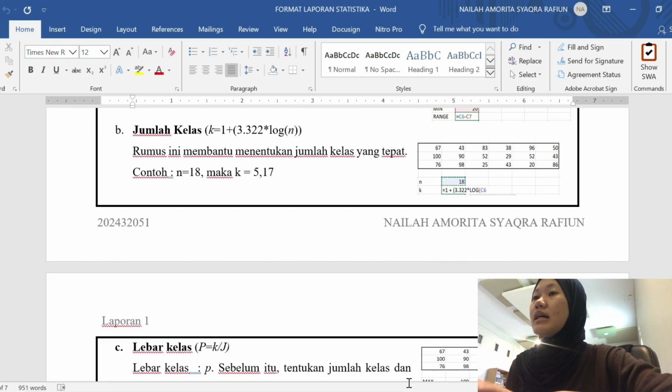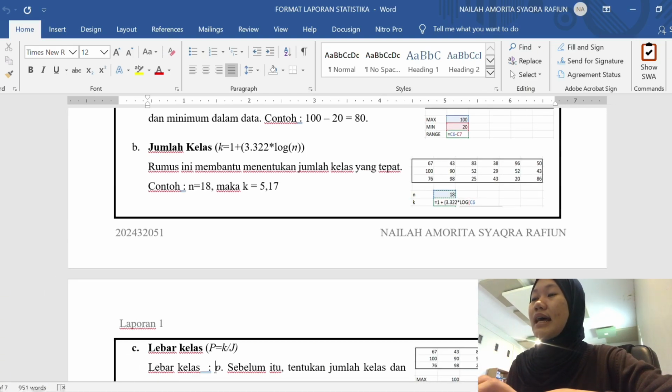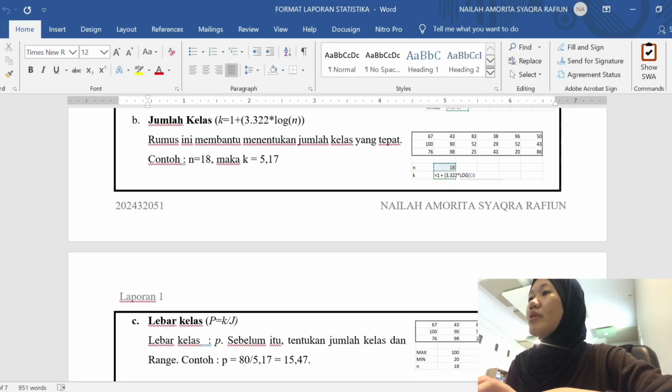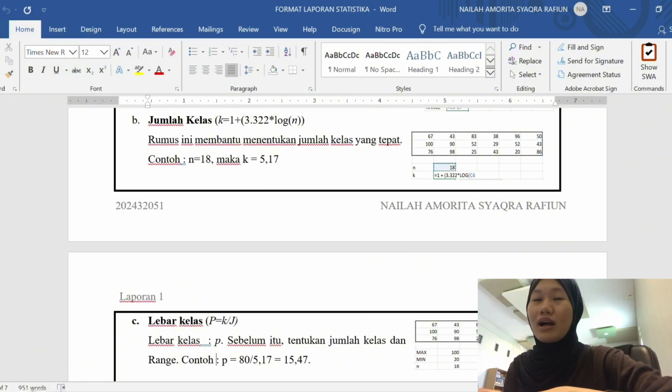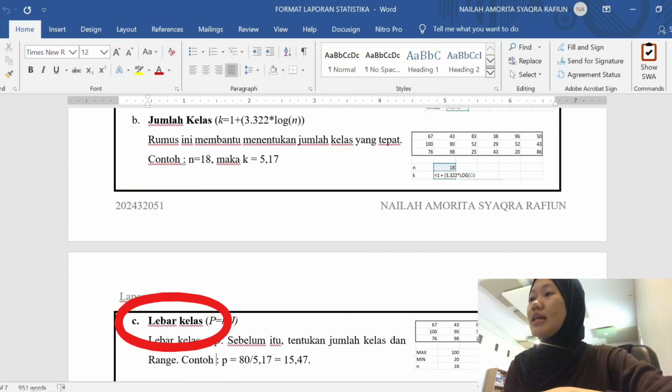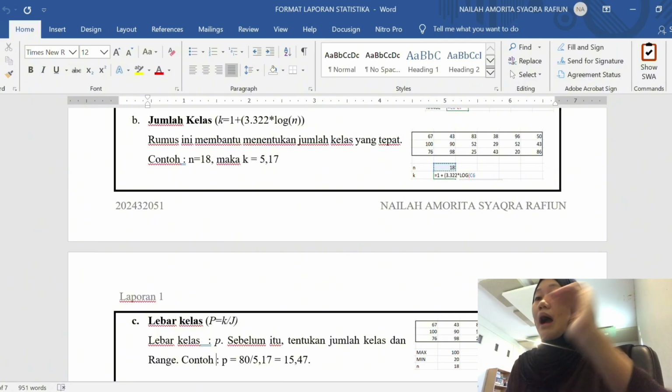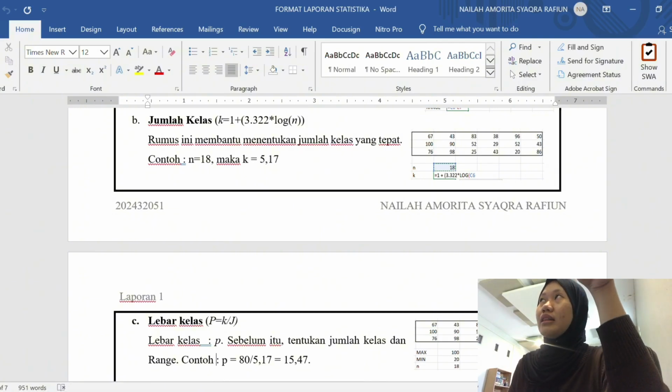Next is the number of classes and class width. The number of classes is used to help determine the right number of classes, while the class width is used to find the difference between the upper and lower limits of class interval.